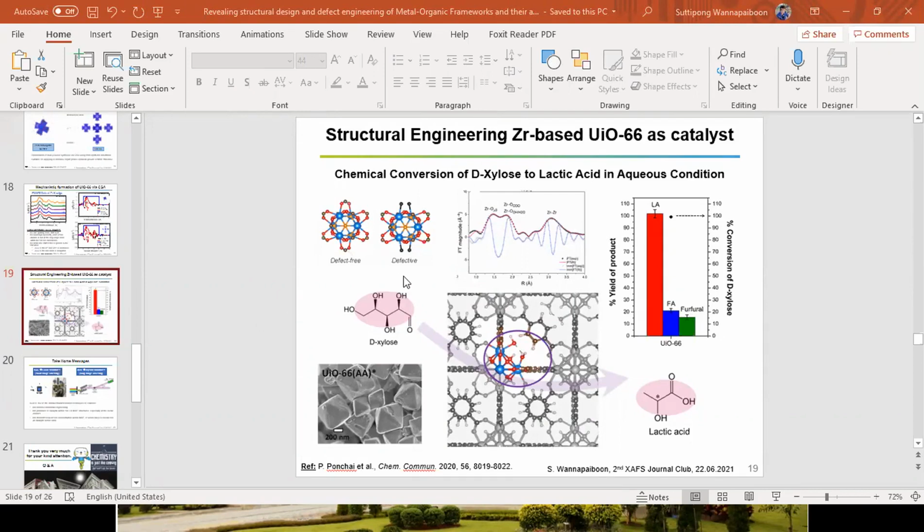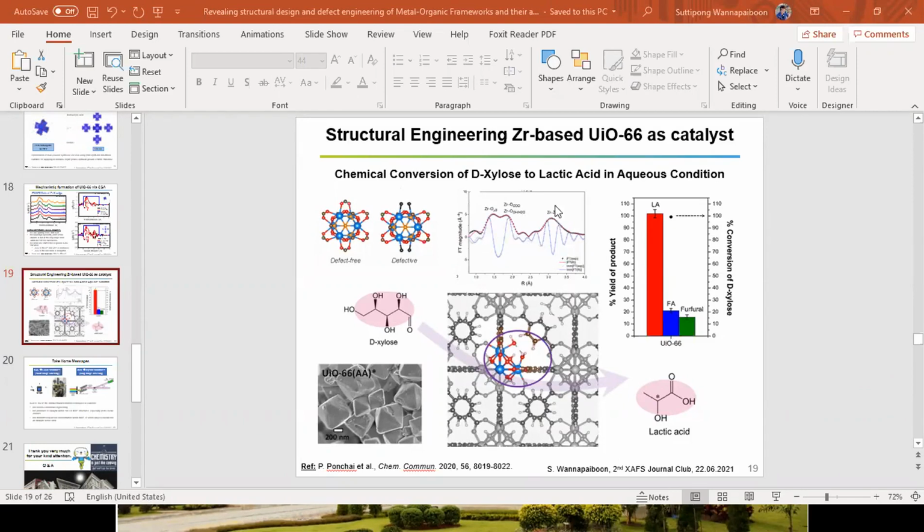Okay, I may not have gone into that much detail about this. Basically, we did DFT calculations of the defect-free node, and the defective node is modeled as a zirconium cluster with one of the linkers missing, for the XAFS fittings.